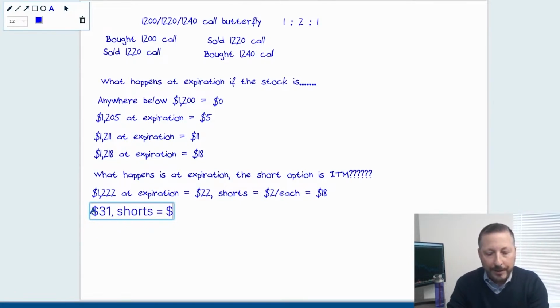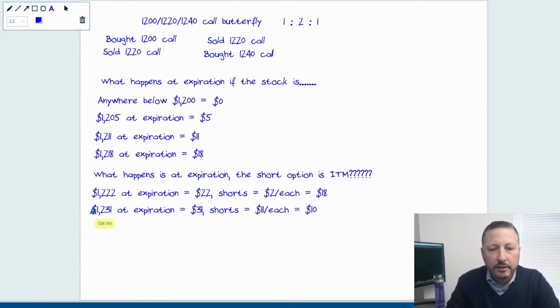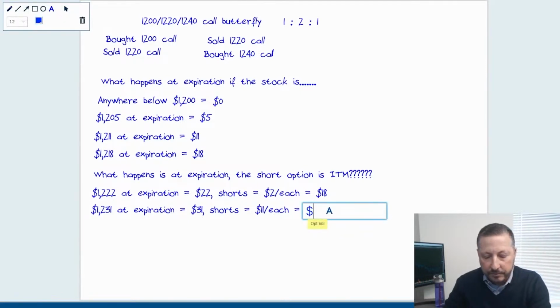The shorts would be 11 each. So that equals $9, not $10. That equals $9. 31 on the long, each short worth 11. 31 minus 22 is worth $9.